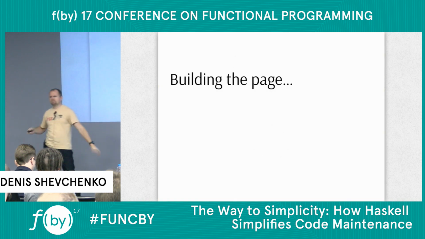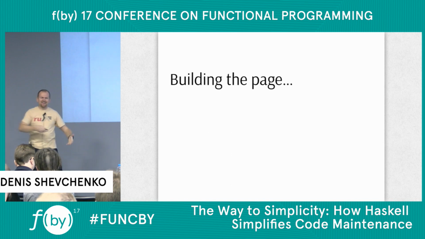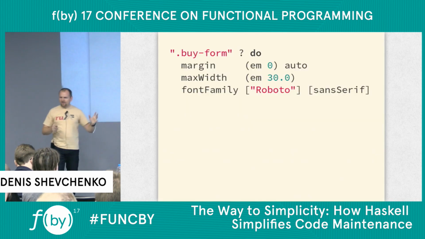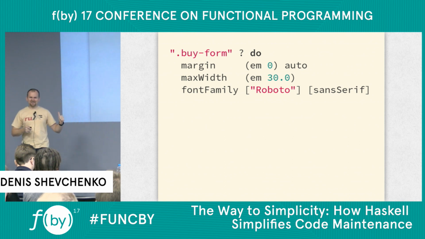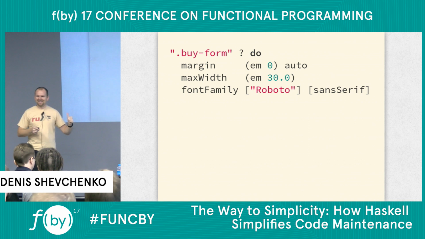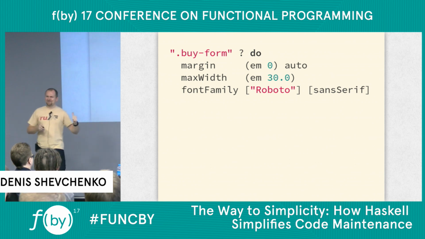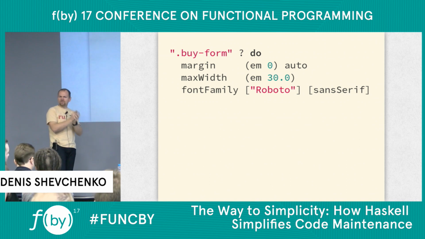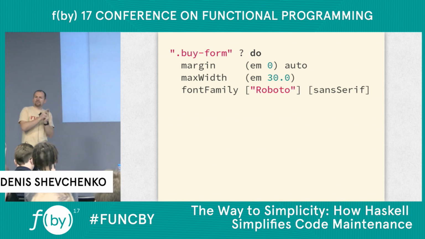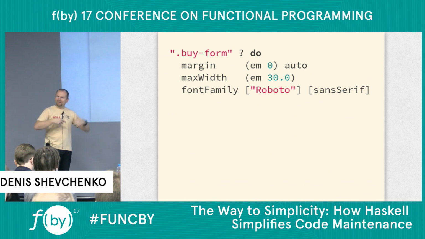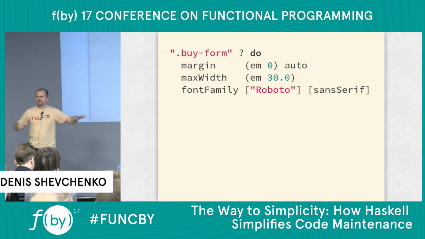Okay, so let's move on to the front-end world. This is CSS, written directly in Haskell with a Haskell DSL. And if this code compiles successfully, we definitely know that the CSS generated by this code will be valid.